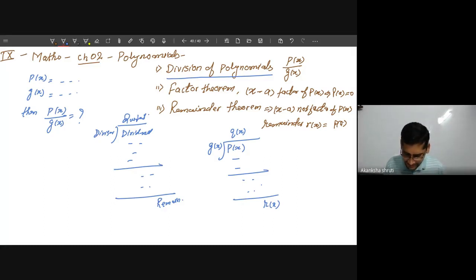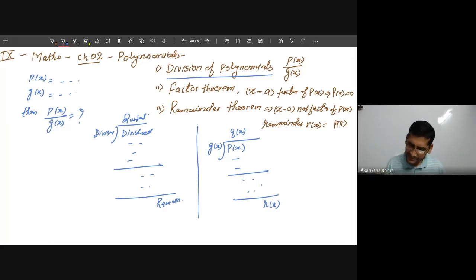Whatever the division algorithm is for numbers, the same is also applicable for polynomials. We also know that dividend equals divisor multiplied by quotient plus remainder.